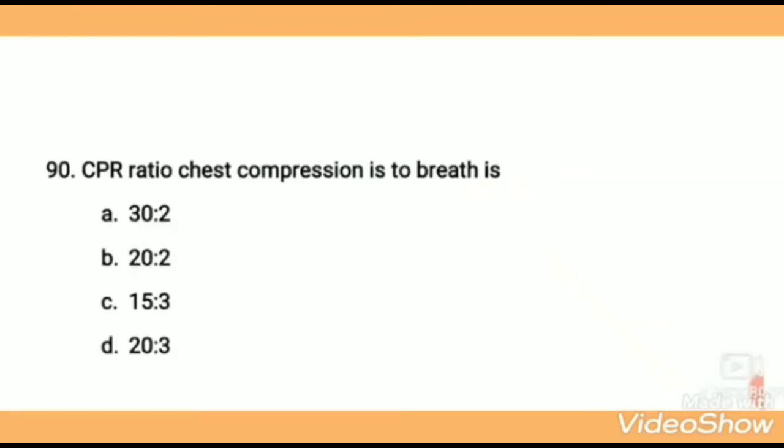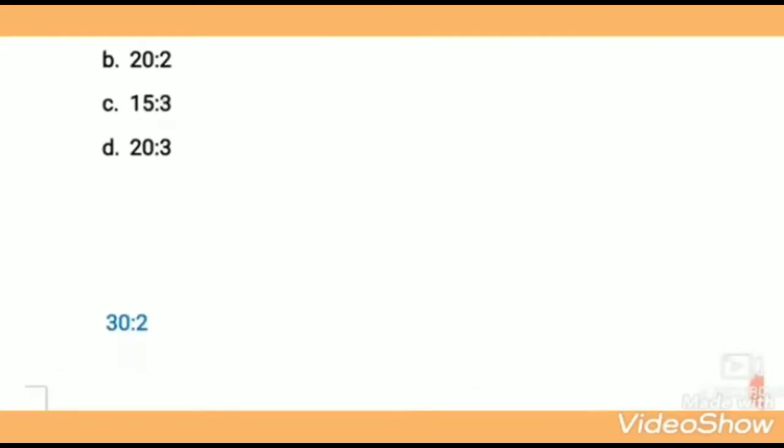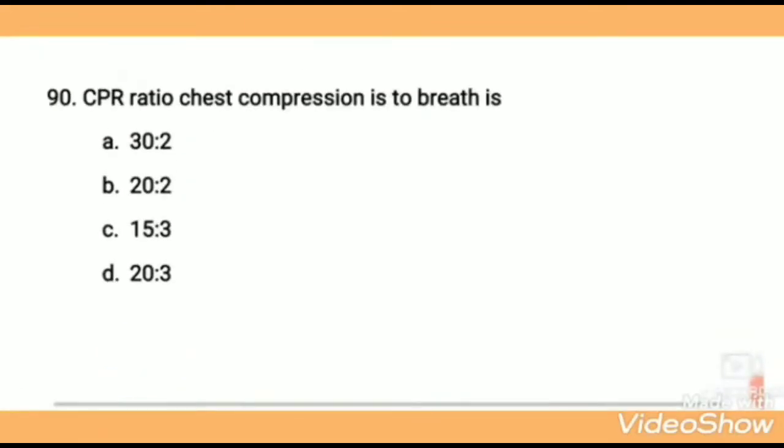CPR ratio, chest compression to breaths, is 30:2, 20:2, 15:3, or 20:3. So, the correct answer, CPR ratio chest compression to breaths is 30:2. Next question.